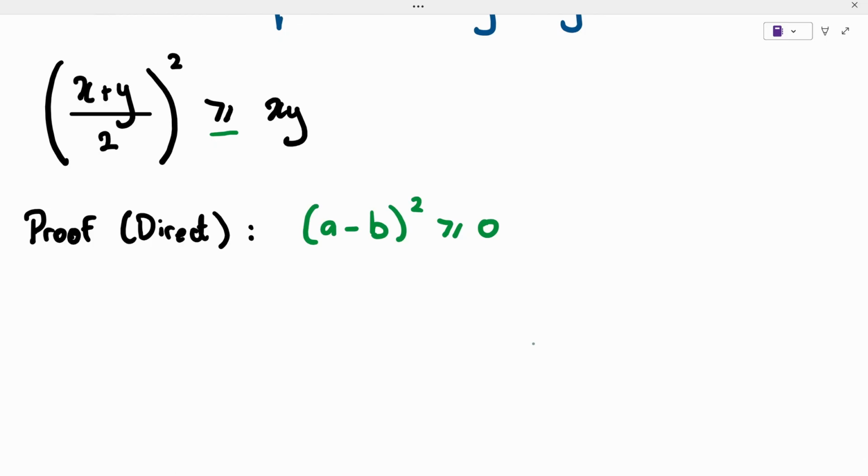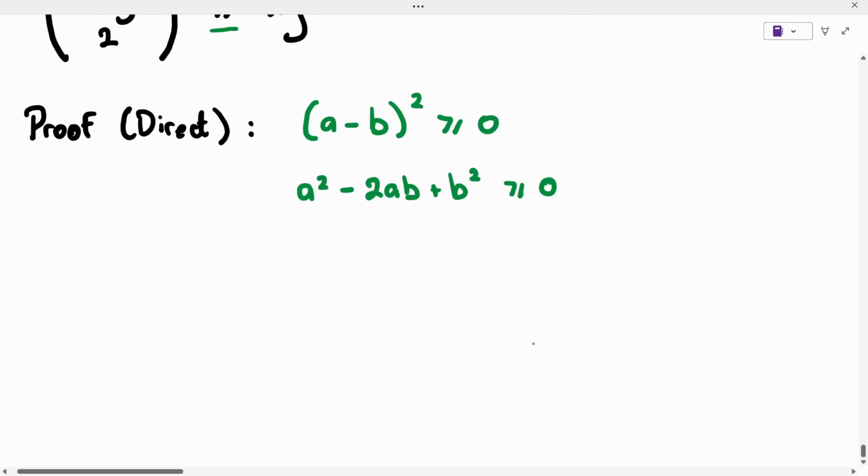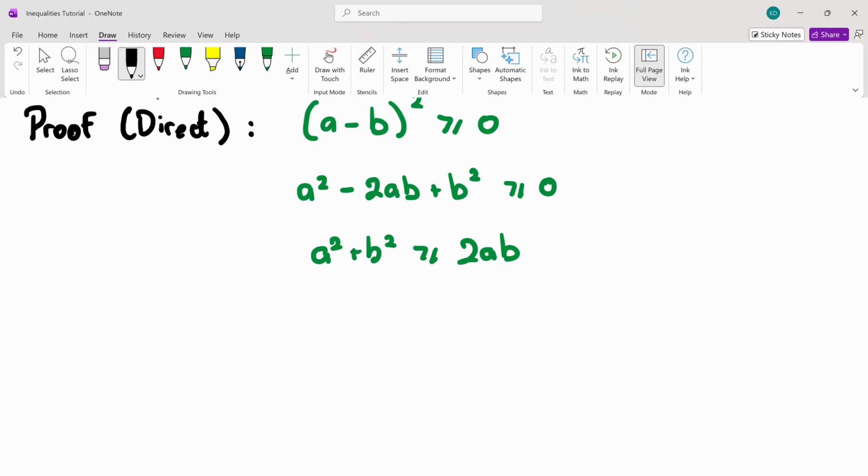So if we expand it, we'll have a squared minus 2ab plus b squared is greater than or equal to 0. Therefore, a squared plus b squared is greater than or equal to 2ab, right?